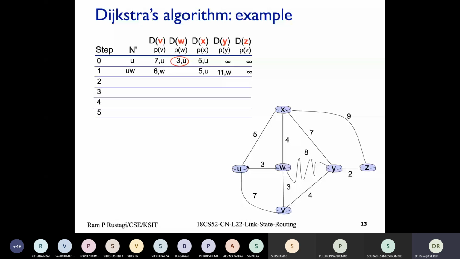So 8 plus 3 is 11. That means my DY becomes 11. Can you compute DZ? Will DZ be updated? From W there is no edge to Z, so this cost will remain the same, whatever it was before.